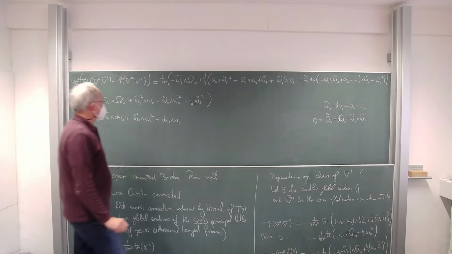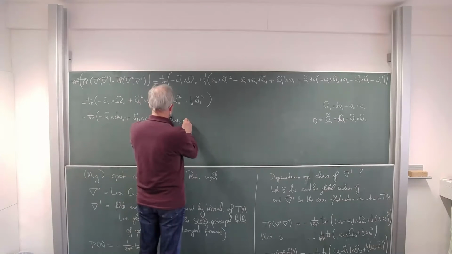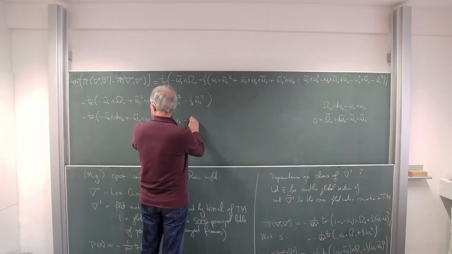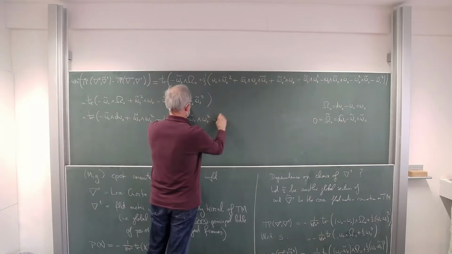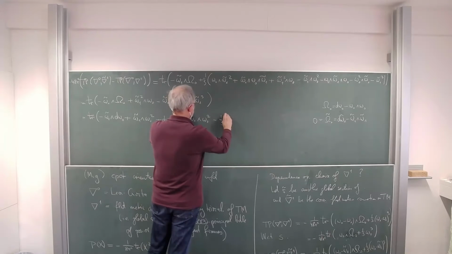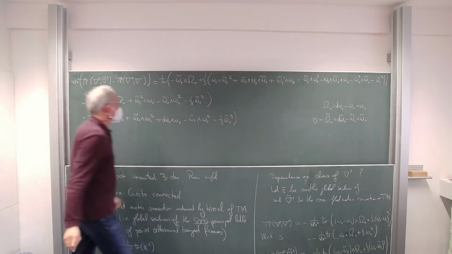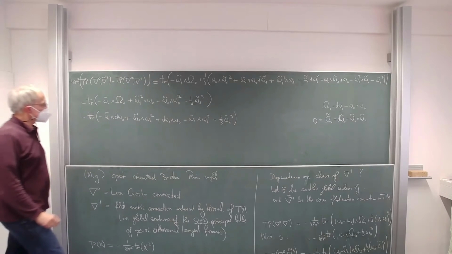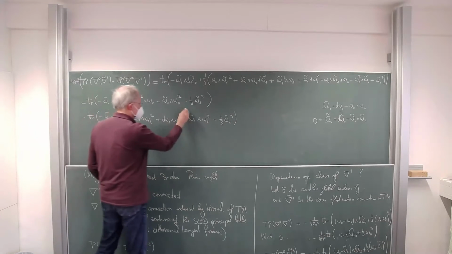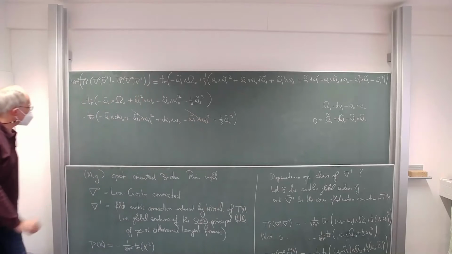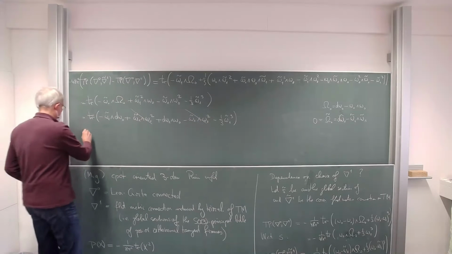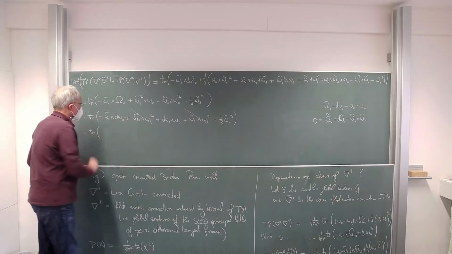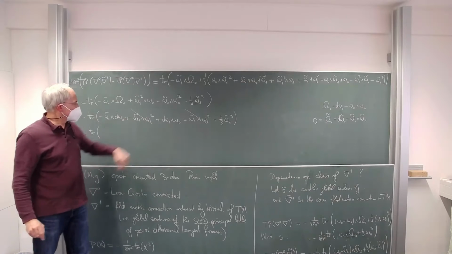And the rest remains. So minus omega 1 tilde, which omega 0 squared, minus this term. And now let's see. So wow, that's good, because this cancels already. And these two terms can also be combined.